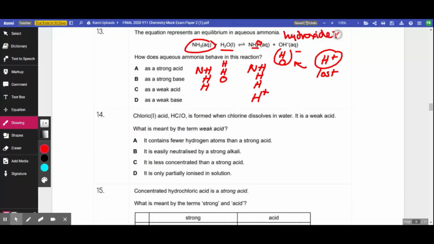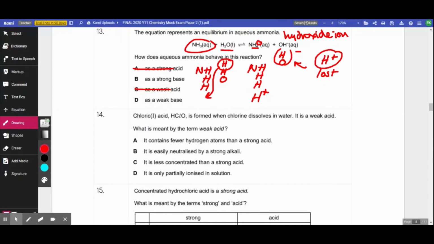So you've got enough information now to realize that an H plus has been donated to the ammonia, and so the ammonia is acting as a base. So you can immediately cross out A and C.